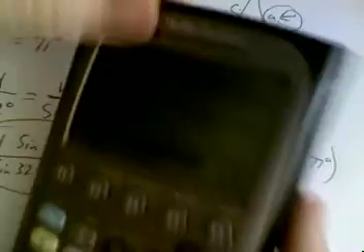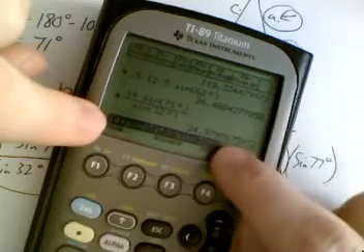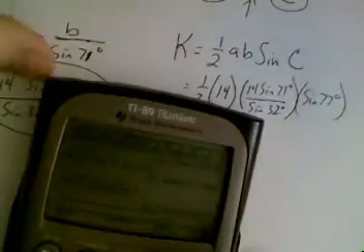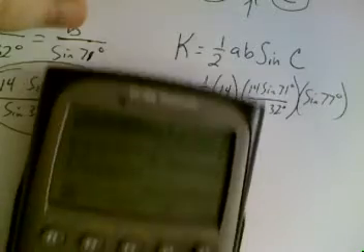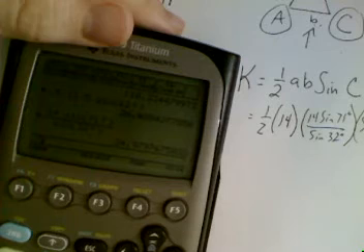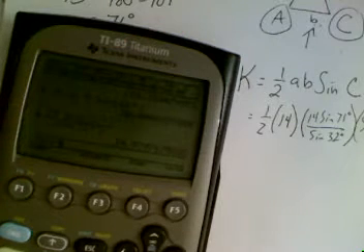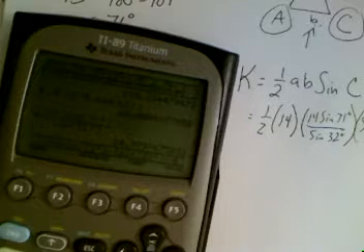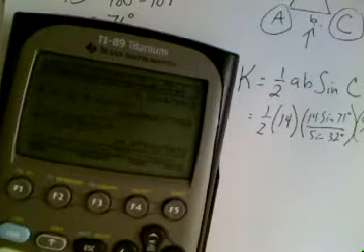So what I'm going to do is take what I had plugged in, this thing right here, and start typing things in. I have a 0.5. Times the 14 times this thing here, and then times the sine of 77 degrees.